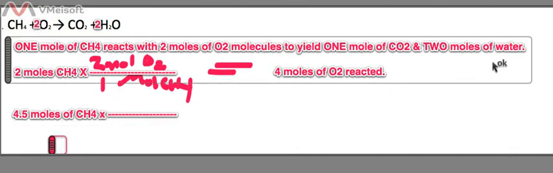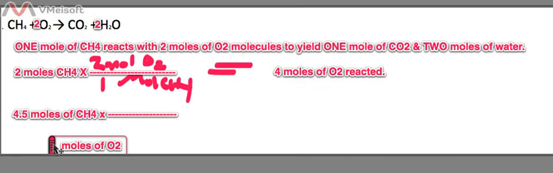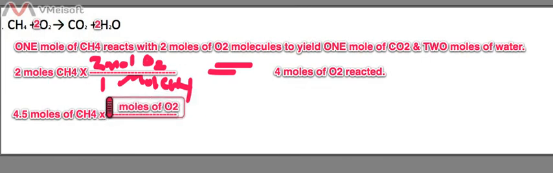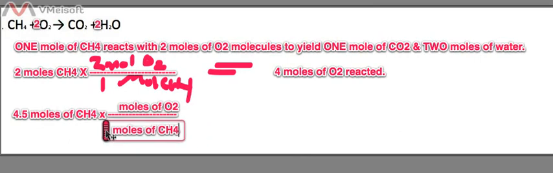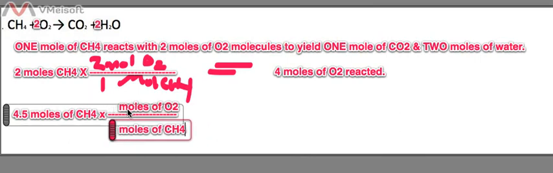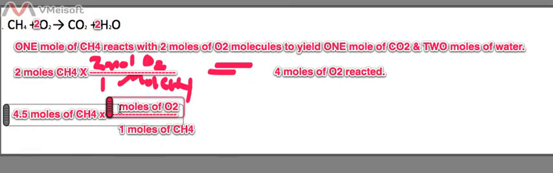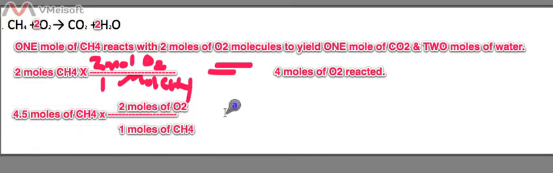Okay, so let's put that relationship in. What unit are we trying to get to? Moles of oxygen. All right, so let's put that there. What unit do we want to get rid of? Moles of CH4. Now, what's our next step? We got to make sure that we're multiplying by 1. What's the relationship here? Well, for every 1 mole of CH4, we have 2 moles of oxygen reacting.